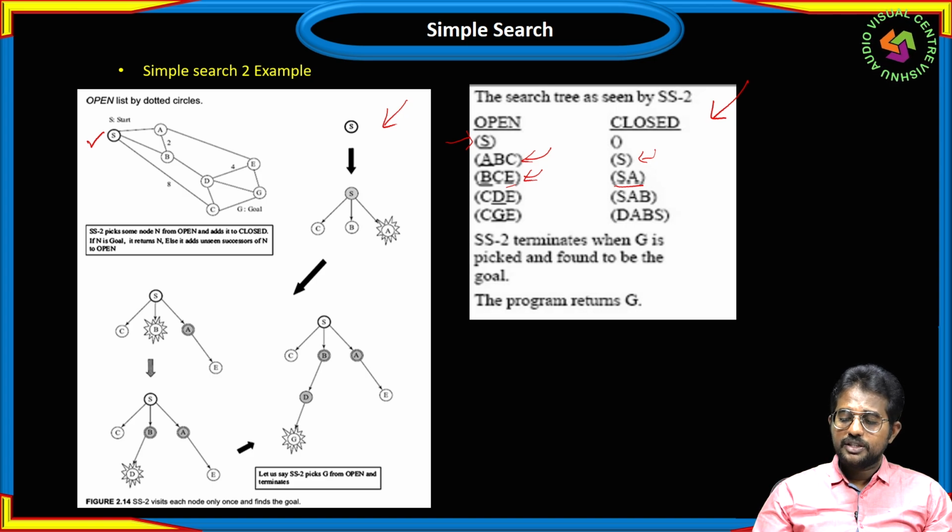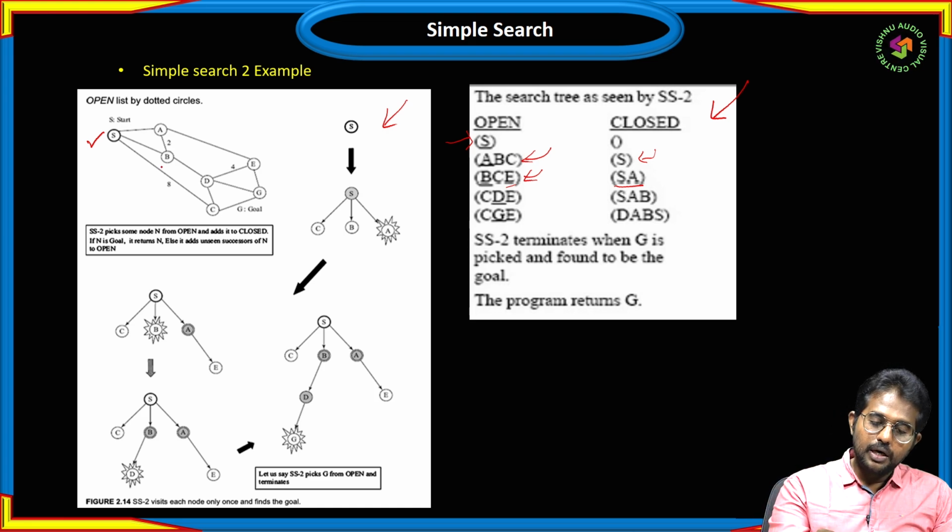In the next step, let's say I have picked b. After picking b, I will check whether b is a goal node or not. B is not a goal node. The successors of b are s, a and d.